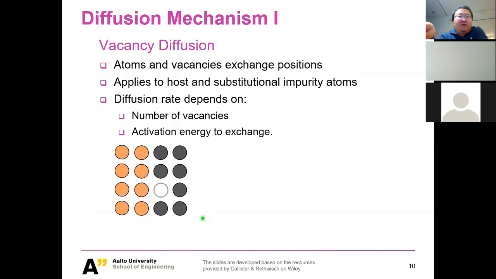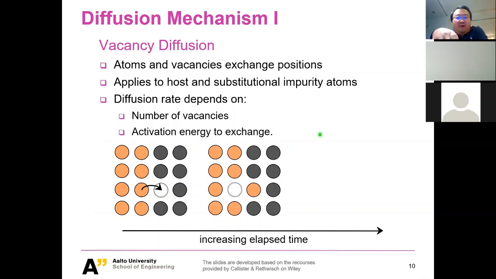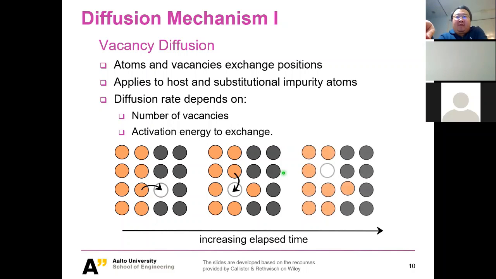It happens through the first exchange between the atom and the vacancy. You can see this atom first is exchanged with this vacancy, and now diffusion happens, right? This A atom is in your B matrix, and the next one from A will interchange with the vacancy now in A, and finally the vacancy comes up.